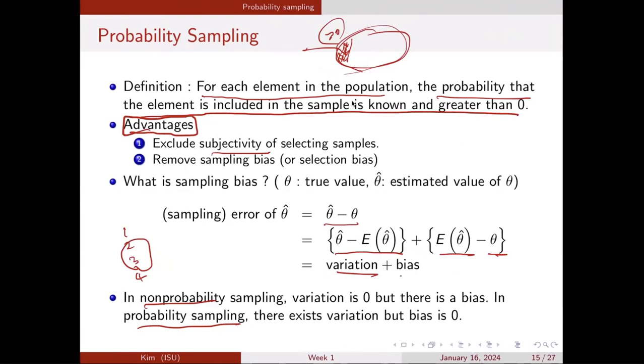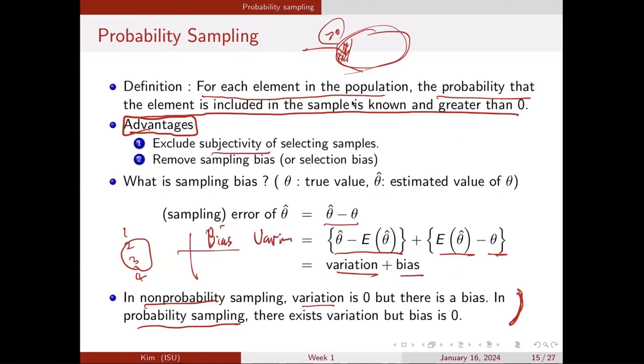So this one alone does not really tell you which one is better, right? It's possible that non-probability sampling could be more accurate than probability sampling in this, because they have a different bias and variation.